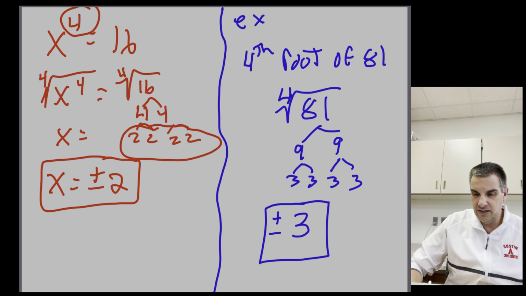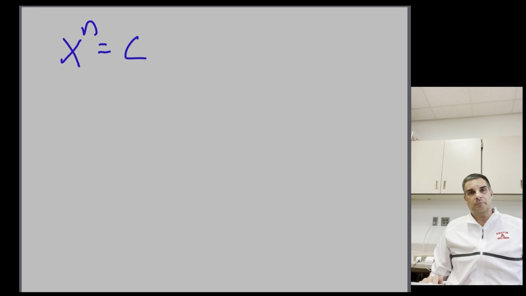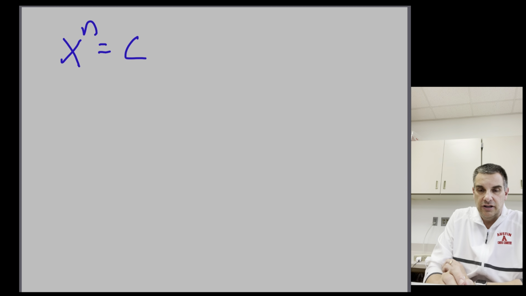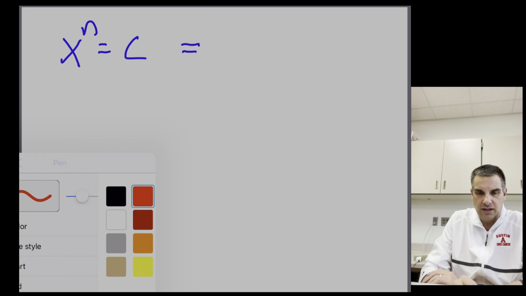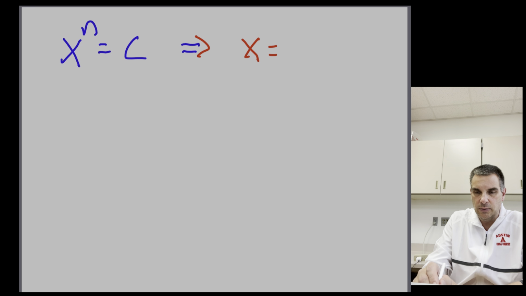And if we look back at that previous example, if we have x to the n is equal to c, another way that we could interpret this, and I did this earlier, is we could say that's the same thing as x is equal to the nth root of c.